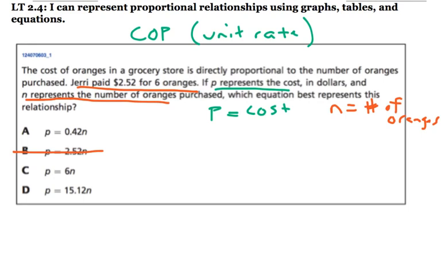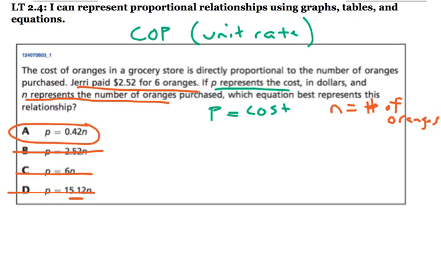I know that C is wrong because that's taking 6, which isn't the cost of 1 orange, and multiplying it by the number of oranges. In fact, I could even reason that D is wrong because I know that $15 is not the price of 1 orange, so it wouldn't make sense to multiply that by the number of oranges. So I'm pretty sure, using process of elimination, just getting rid of the answers that don't make sense, that the answer has to be A.